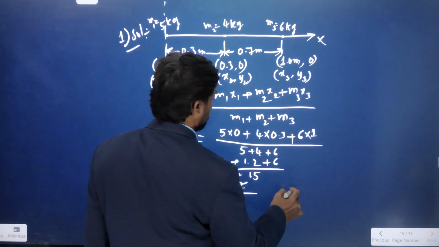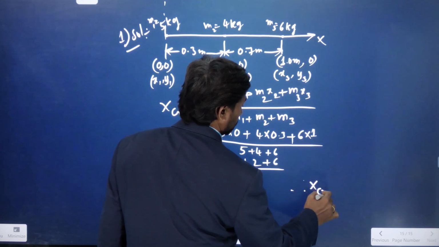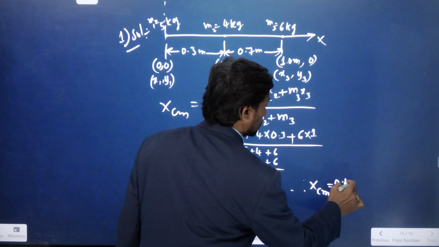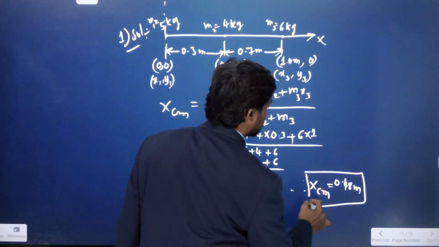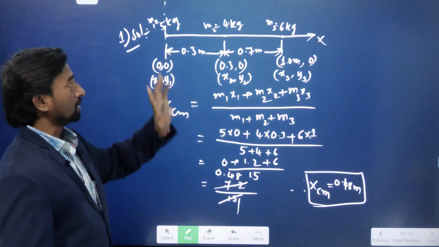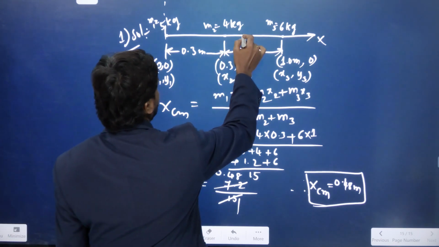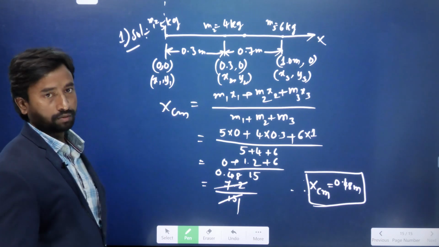Therefore, the center of mass of the 3 particle system is 0.48 meters from the origin. That means from the 5 kg mass of the body, somewhere here, after the 4 kg mass of the body.